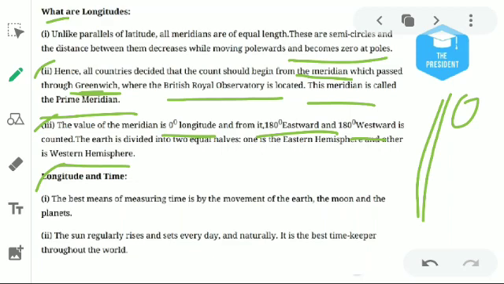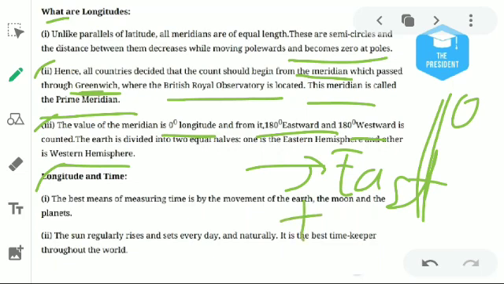Longitudes are basically used to determine the time zones of any country. The countries or areas on the east side of the prime meridian have extra time, meaning the time in those locations is always ahead of the area that falls on the prime meridian.